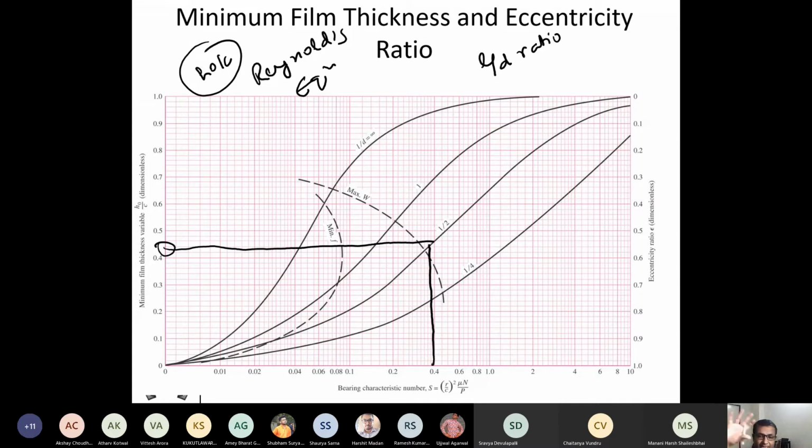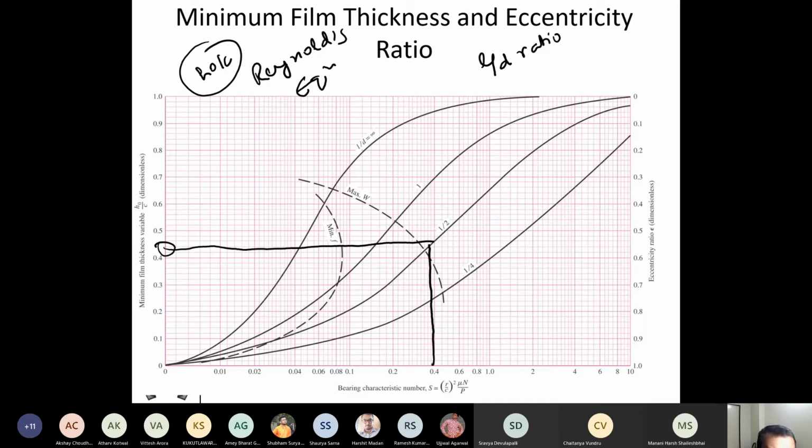Once the bearing starts to rotate, there will be a physical film formation. So I know the initial clearance, multiplied by this number, I can find out the H naught, the minimum film thickness.